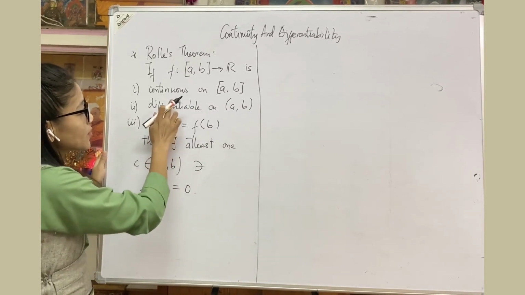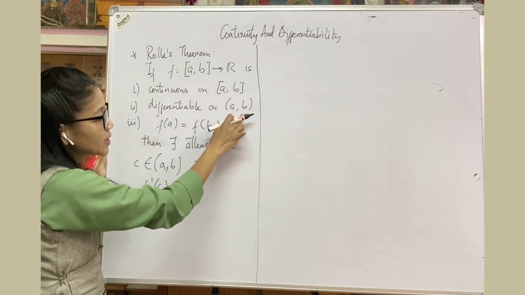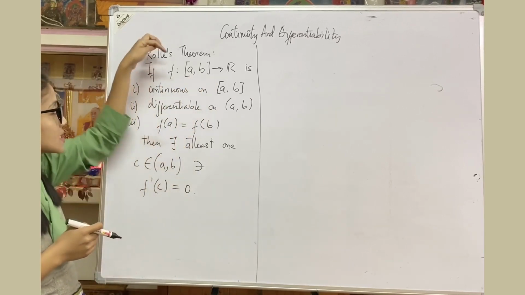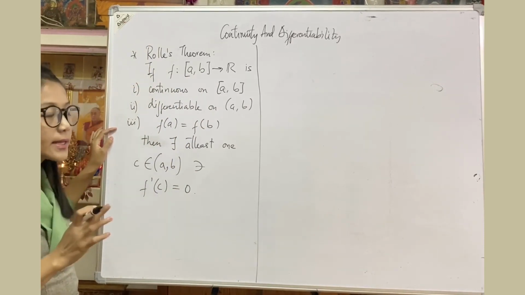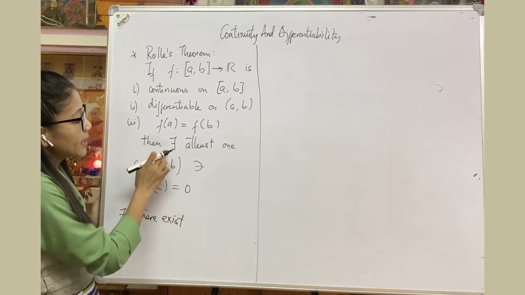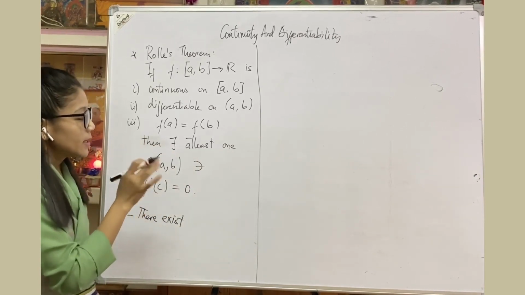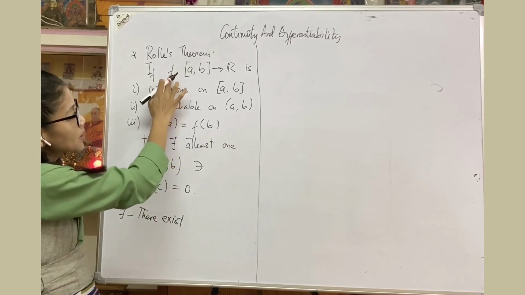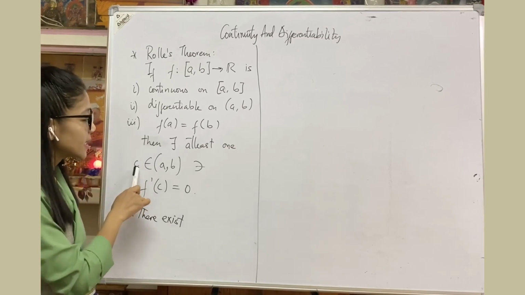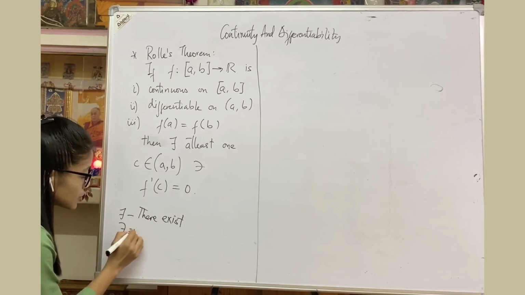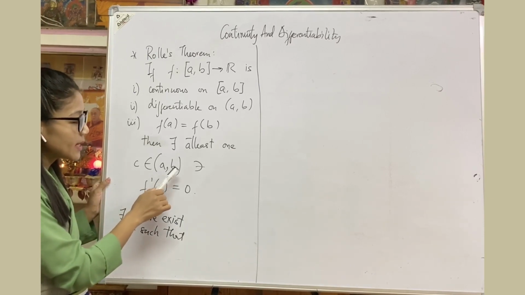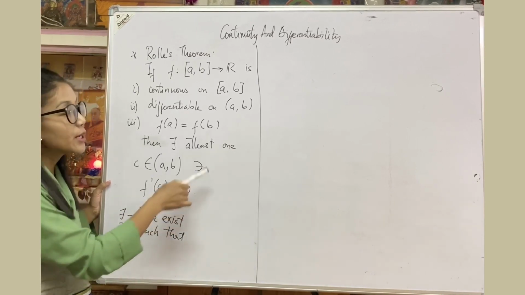So if a function is continuous on closed interval a b, differentiable on open interval a b, and f of a is equal to f of b, the function values at these two extreme points are equal, and the function satisfies all these three conditions, then there exists at least one c in the open interval a b, where this notation is used for such that, so that f dash of c is equal to 0. So this is the statement of this theorem.